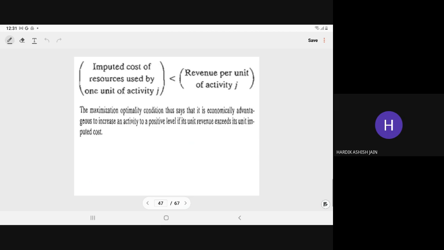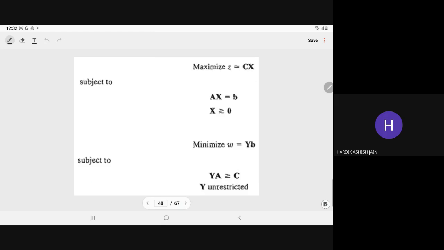So the maximization optimality condition says that it is economically advantageous to increase the activity so that you can get more revenue, if its unit revenue exceeds its unit imputed cost. So here yj you can understand as a dual price, worth per unit, or the imputed cost. Clear?